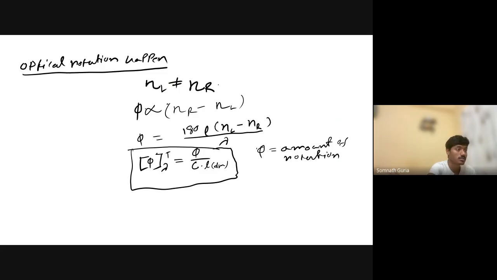Eta is called the refractive index of circularly polarized light.